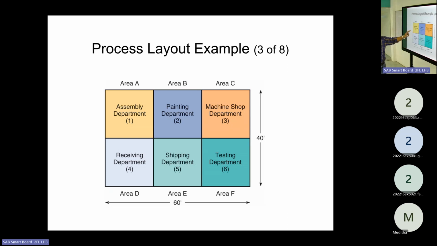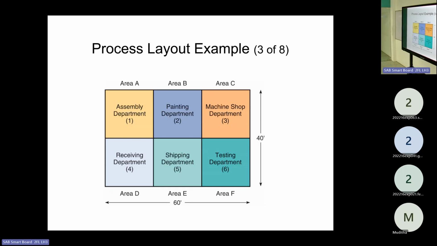So we arbitrarily allocate 1 here, 2 there, 3 here, 4, 5, 6 like that. Arbitrary, to begin, and that we consider as the initial solution. Is that clear? We start assigning the departments, workstations within the building.